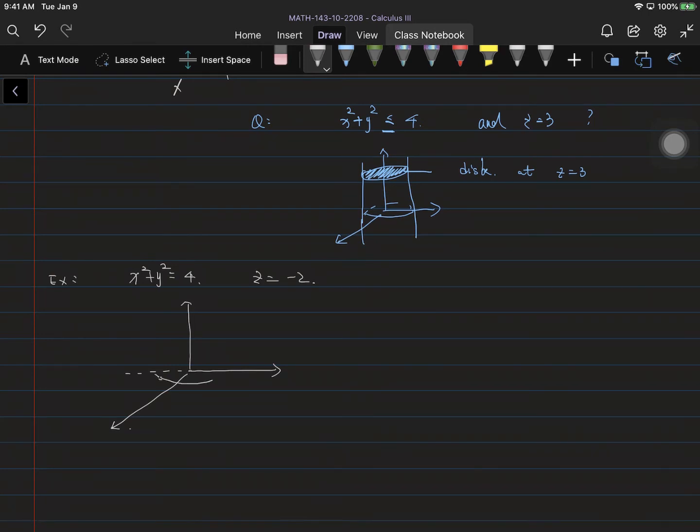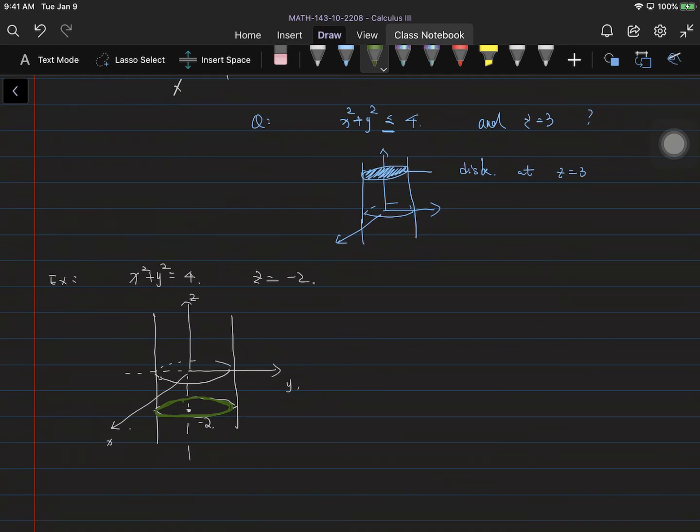It's going to be a circle in 3D, and then we draw a cylinder, and then we make z equals -2. Z equals -2 should be the lower part of the xy plane, and then we draw the circle. So this is the circle that satisfies just the two equations.